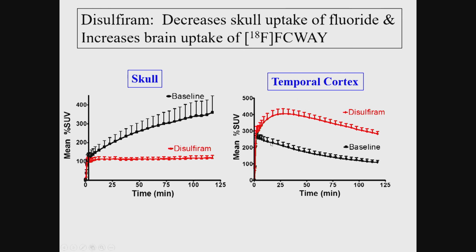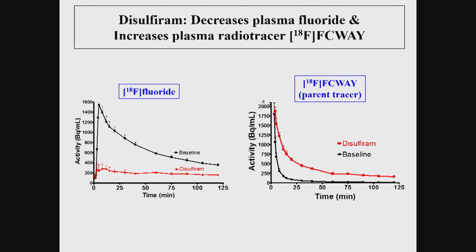If you look in the brain, it really delivers far more to the brain. It's not metabolized, so therefore there's more radioligand in the plasma to go into the brain and bind to these serotonin receptors. If you look at the concentration of fluoride ion in the plasma, the disulfiram almost completely blocks the amount of fluoride ion that gets there.